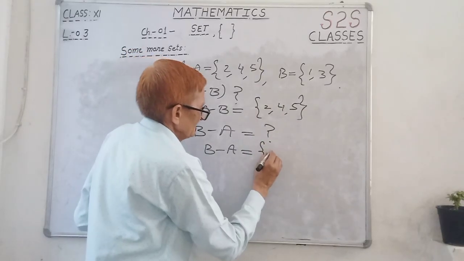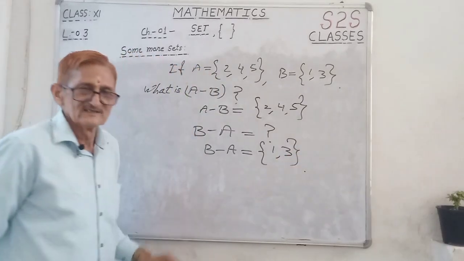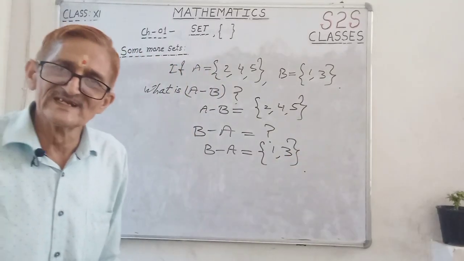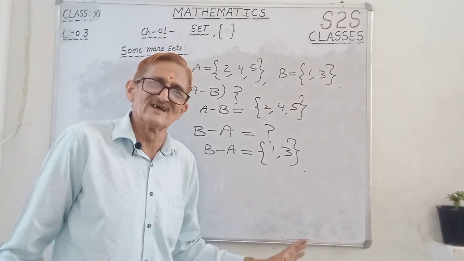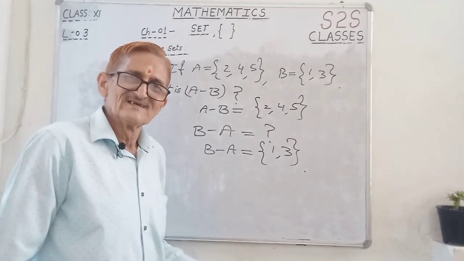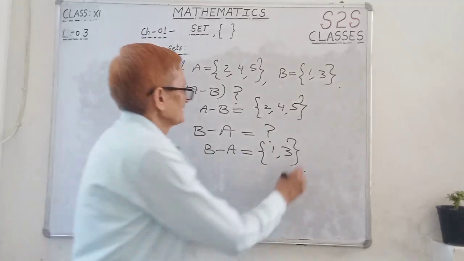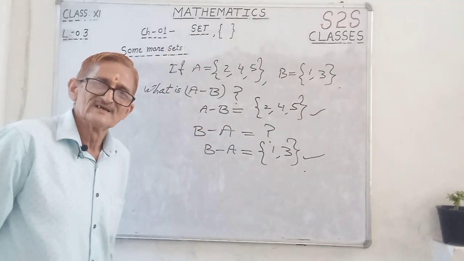B minus A as it is B, because no common element which we may delete. कॉमन है ही नहीं, तो बी एज इट इज़. So this example is important: A minus B and B minus A if both are disjoint. क्लियर?